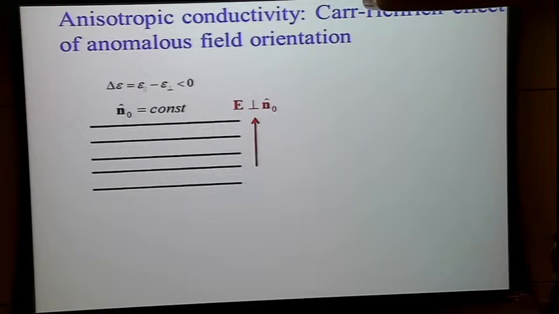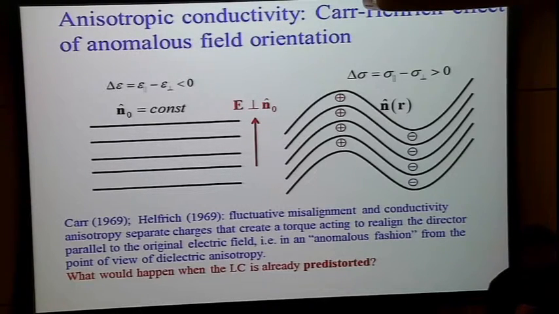So the roots of this mechanism are in a phenomenon that has been known for many years now and is called the Carr-Helfrich effect. In the 60s, it was noticed that in some cases, when you have a liquid crystal with a negative dielectric anisotropy, you put it in the cell, and then you apply a vertical electric field, you would think that nothing would happen, right?